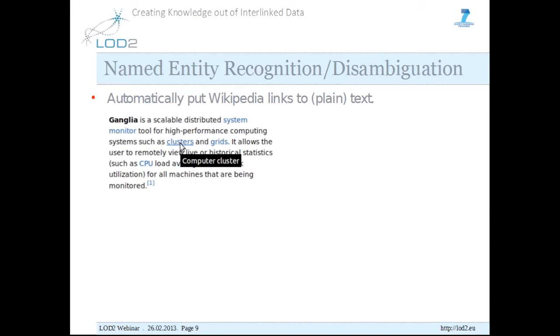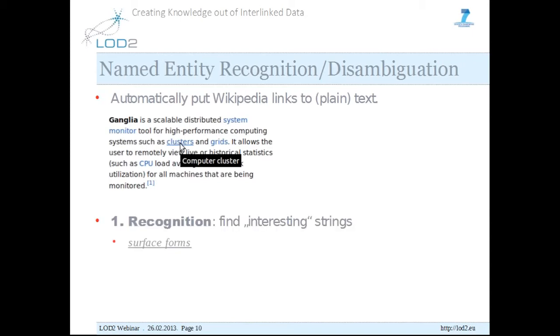In this case, we're talking about a computer cluster. And so the first problem that we have is finding that cluster is a concept of interest for us. And so these strings of interest to us are what we call surface forms.